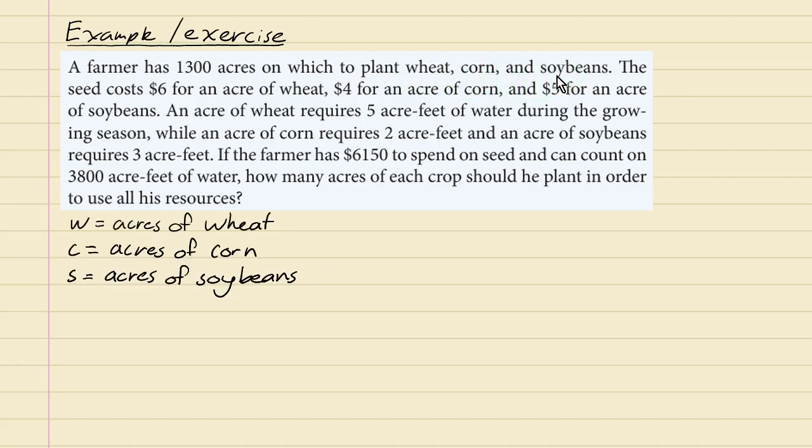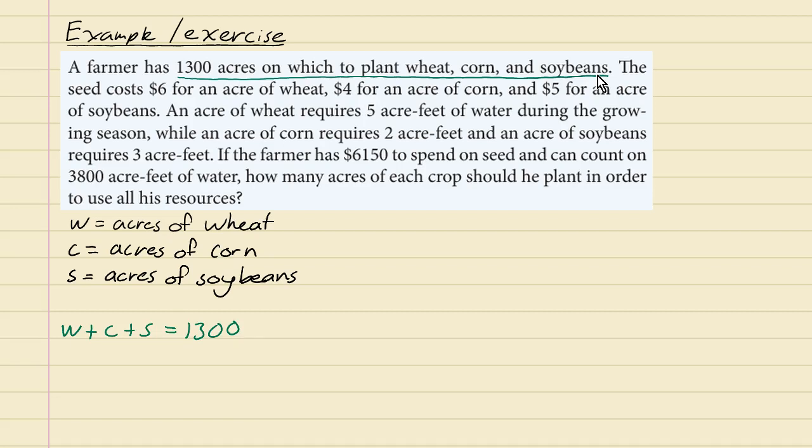And let's see what we can say about these quantities. Well, first of all, he has a total of 1,300 acres to plant all of this stuff. So we can turn that into one equation. And that equation can just be that these all have to add up to 1,300.